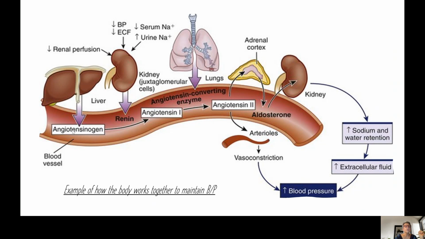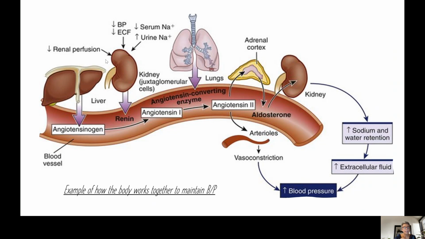So as you can see, if at any point there's a drop in renal perfusion, and by that I mean a decrease in blood pressure or a decrease in the extracellular fluid, then that will signal to the kidneys that, oh my gosh, we've got to secrete the renin, and the liver is going ahead to also secrete the angiotensinogen, which together are going to help change angiotensin 1 to angiotensin 2 with the help of the lungs, who are secreting angiotensin converting enzyme.